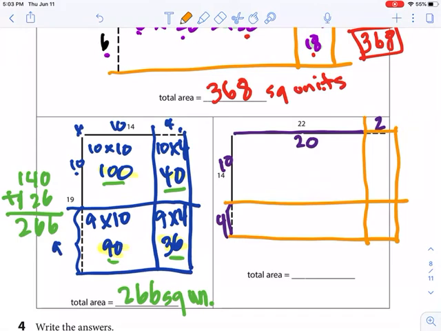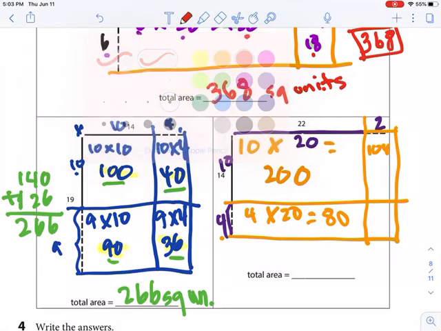All right, so I know that 10 times 20 equals 200. 4 times 20 equals 80.